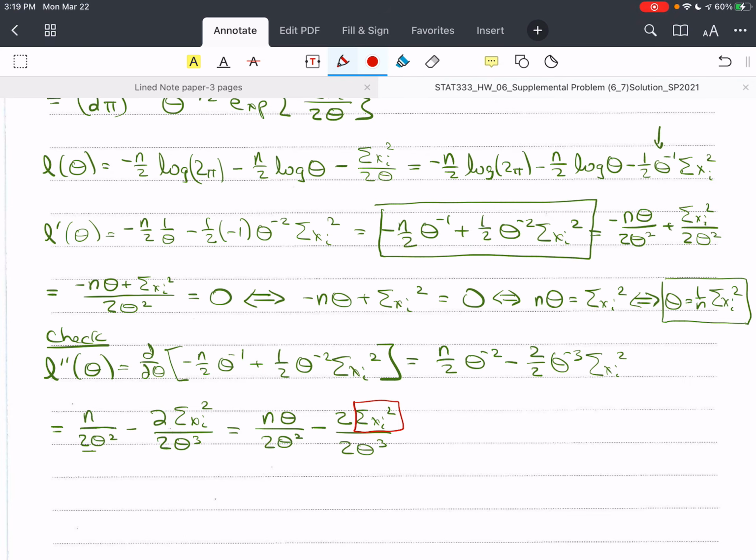Now, I need to make a substitution for the sum of xi squared. And so I come up here and I find that the sum of xi squared is equal to n times θ.